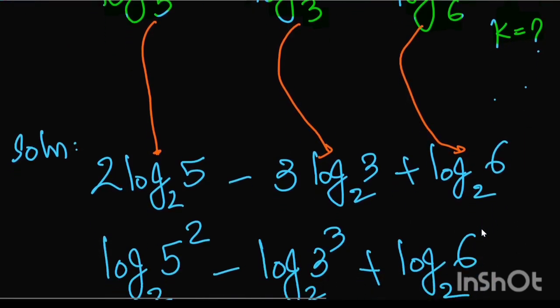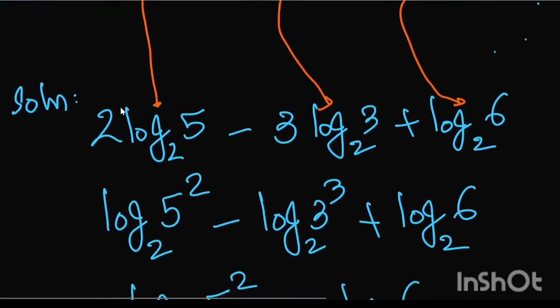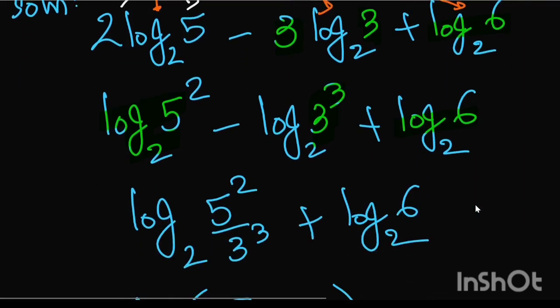Now this 2 will go in the power of 5, becoming 5 square using m log n. This 3 will go in the power of 3, becoming 3 cube using the same. This term is as it is. Now 5 square log m minus log n is log m by n, we will use.